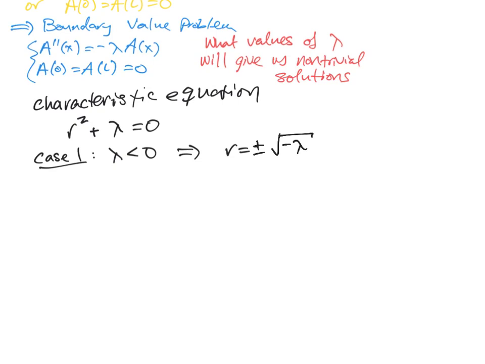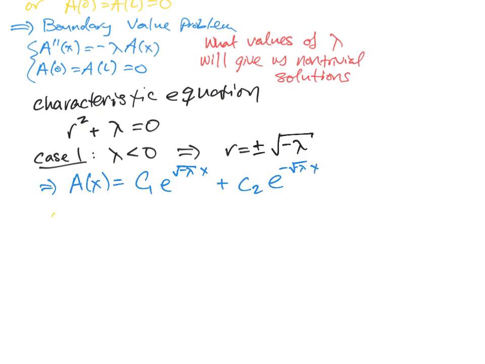And then our solutions, let's write it in blue, we get a of x equals c1 e to the square root of negative lambda x plus c2 e to the negative square root of negative lambda x.